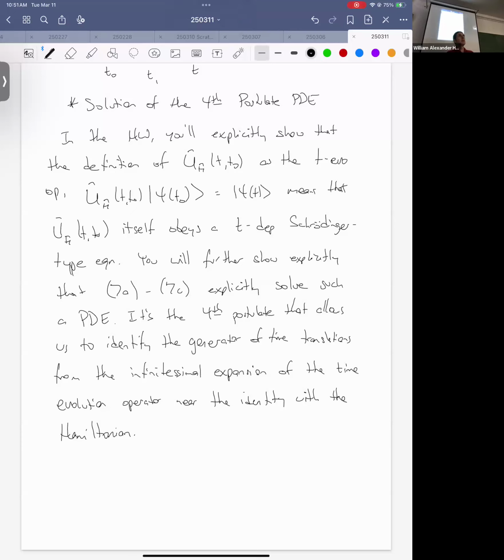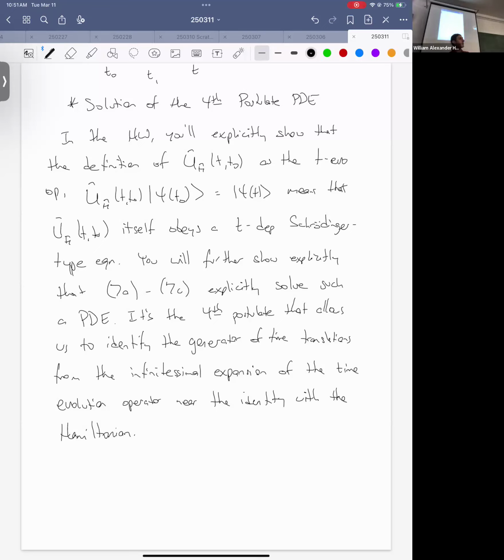At the risk of overloading you, we need the fourth postulate because in non-relativistic quantum mechanics, we are explicitly treating time and space differently. We are elevating space to an operator. So our coordinate x goes to x hat with a canonical conjugate momentum p that goes to p hat.